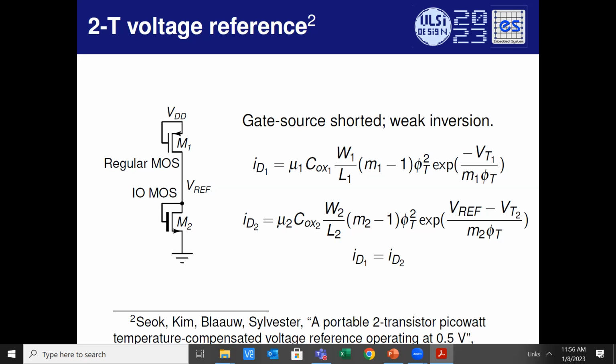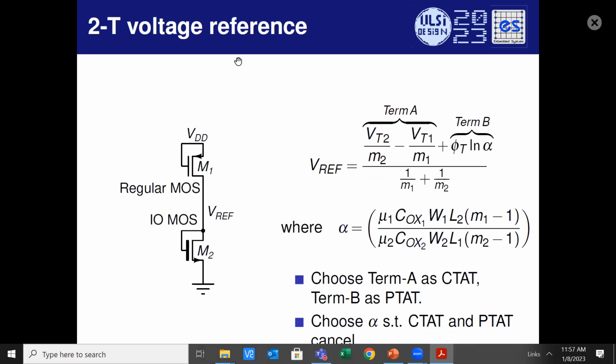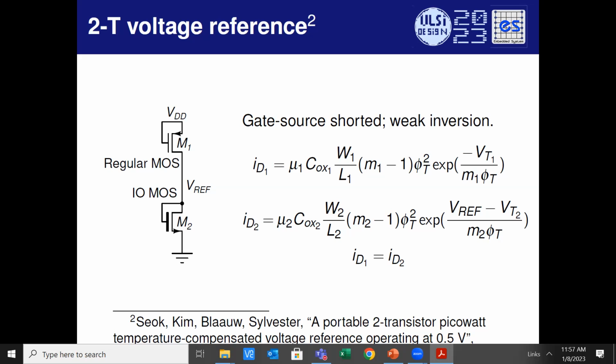This is the equation for the MOSFET. So you have a current, VDD is the source, VDD is the gate.